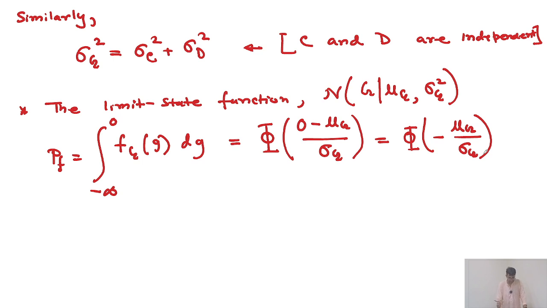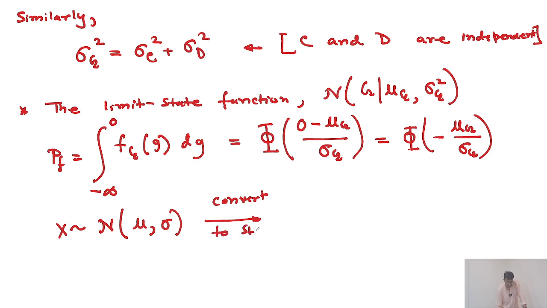I'll repeat what I've done. If X is a normal distribution with mu and sigma, you can convert it to standard Gaussian, and this is known as normalization, by doing the following operation.